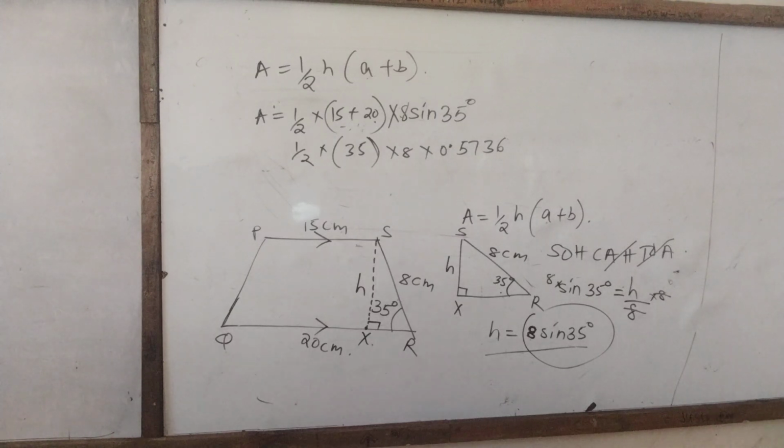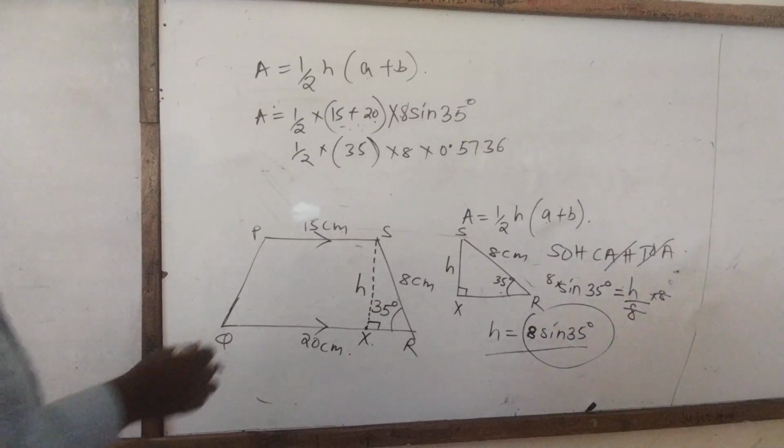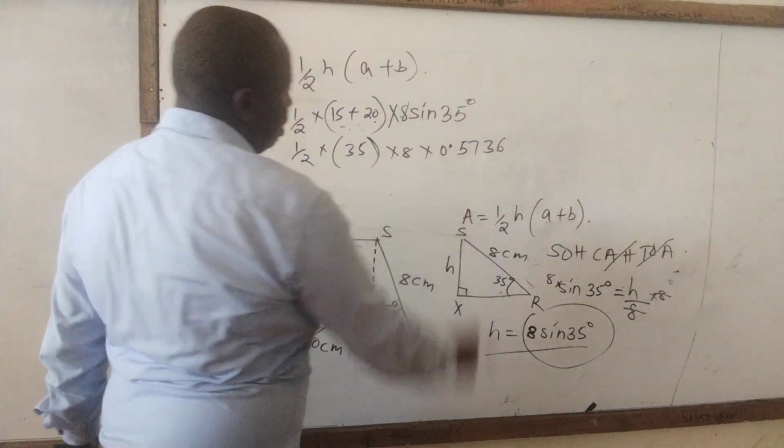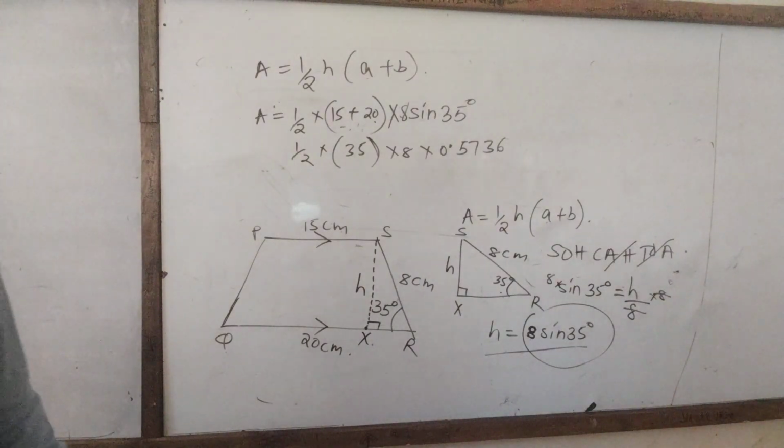Somebody give us the answer? 4.5888? Is that the correct answer? A half times 35 times 8 times 0.5736.